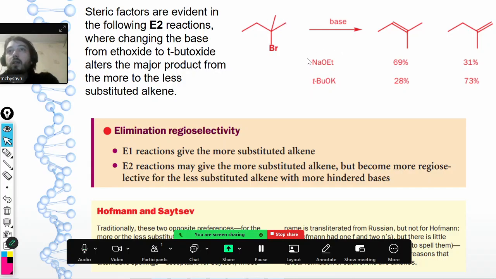And in the case of sodium ethoxide, this substance, we have more of this product, and in the more hindered case, like tert-butoxide, you have more of these products. So it's easier for the large base to abstract a proton from here and create this double bond than to get to this product, because it's hindered with these CH3 groups.